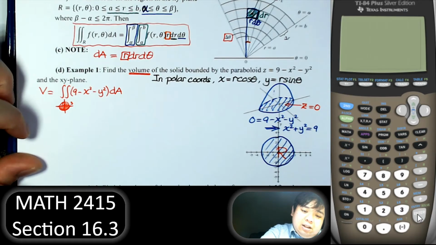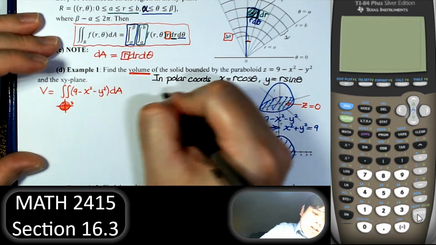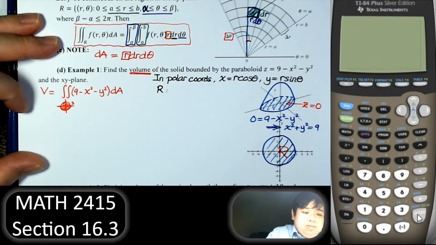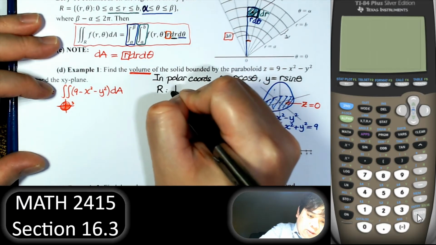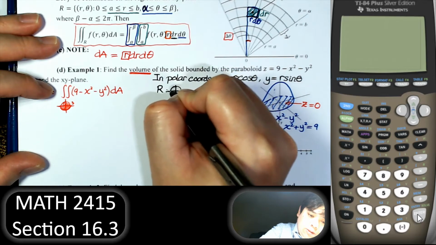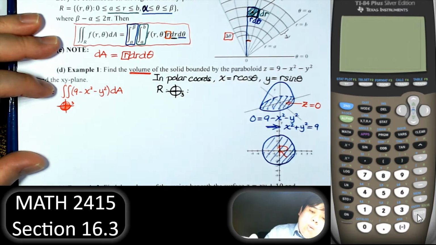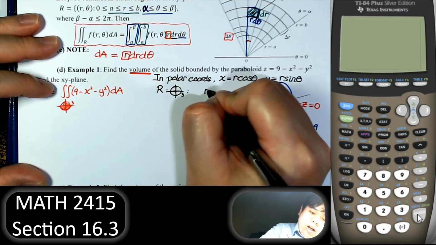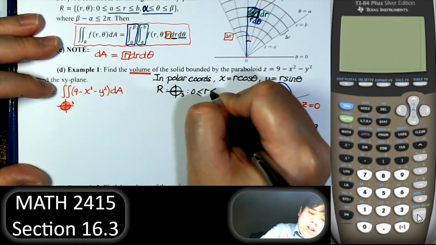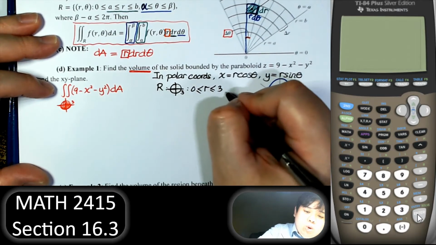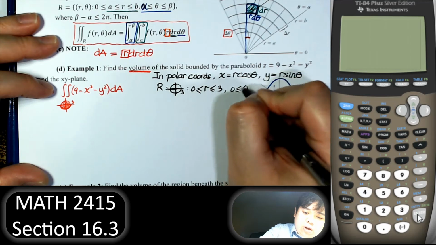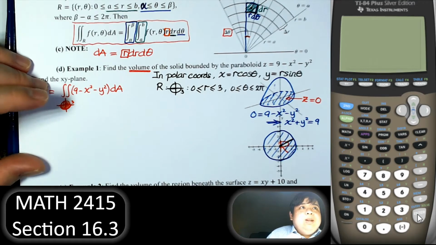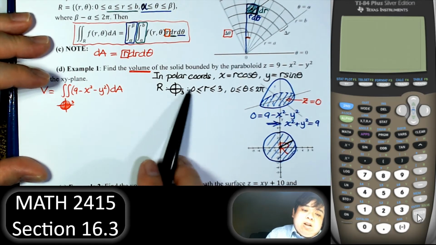And then the region R, which is that disk of radius 3, so r is between 0 and 3, and this is one complete revolution, so theta goes from 0 to 2 pi. So now if we write the limits in terms of r and theta, that's what we have.